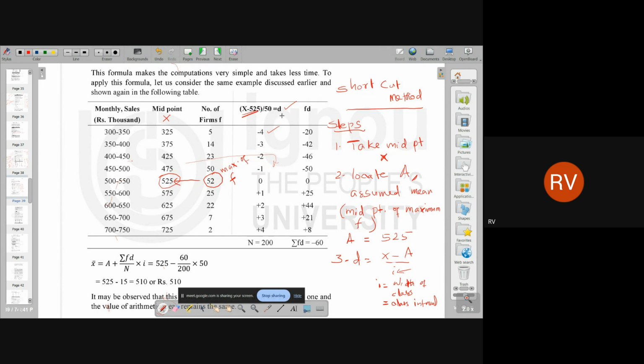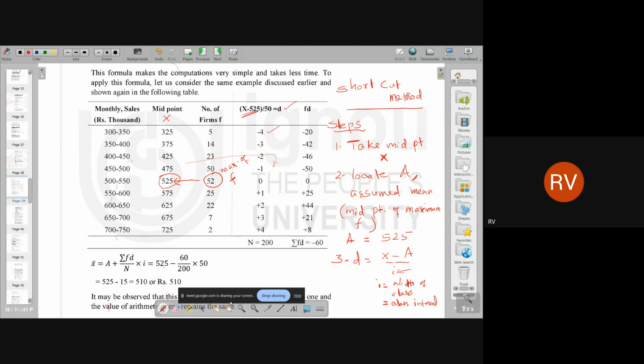Finding d means finding the small values of x. So 325 becomes minus 4. Then f into d, that is 5 into minus 4, is minus 20.